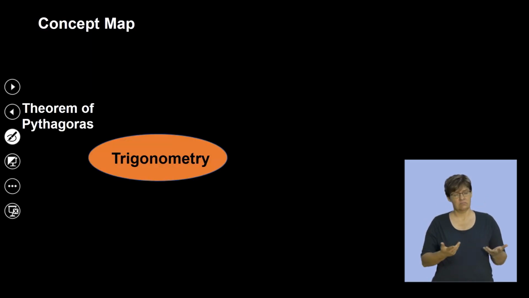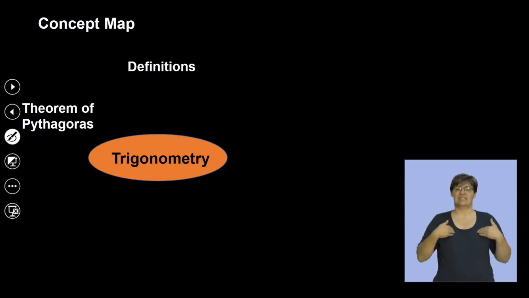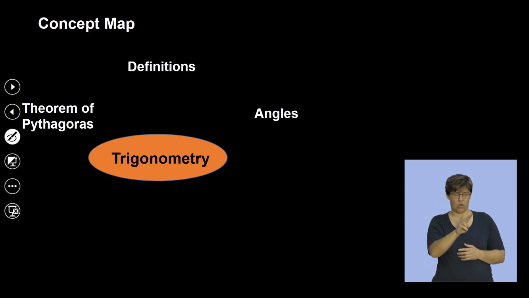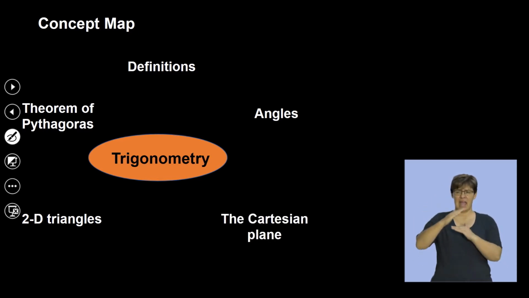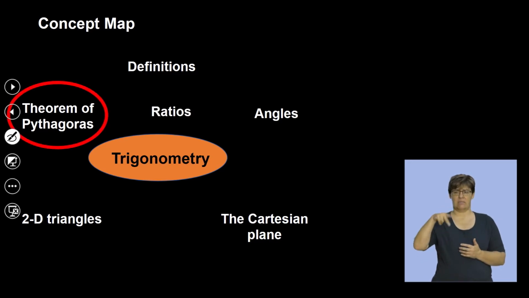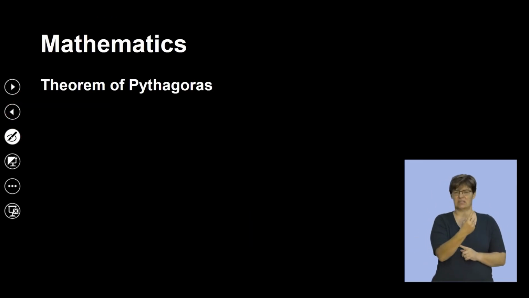Now, our concept map, which is always what we start with: we're going to look at the theorem of Pythagoras, definitions, our angles, 2D triangles, and then the Cartesian plane, which is the big idea. For now, let's just do a quick recap of the theorem of Pythagoras.